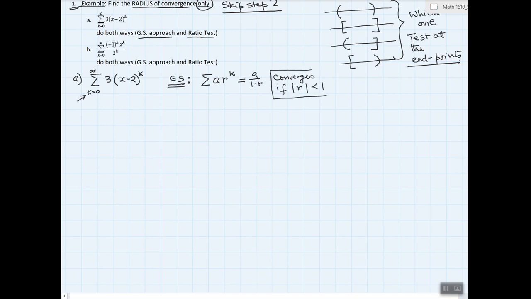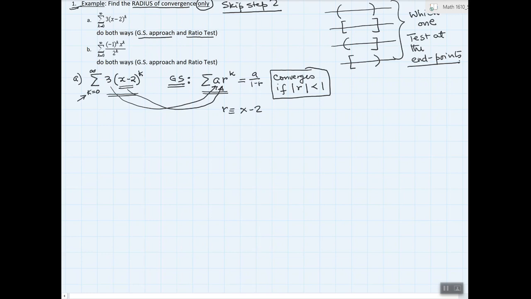Now let's look at the series given to us. See the similarity: 3 is my a, and x minus 2 is my r.